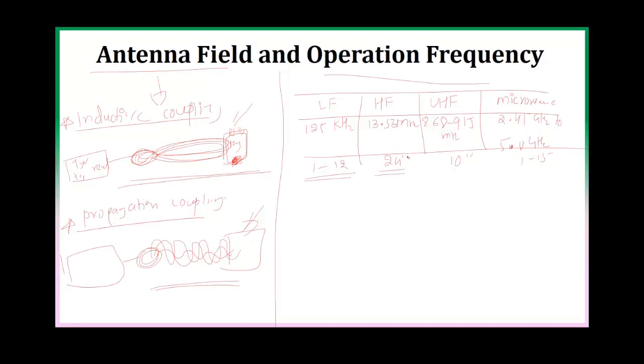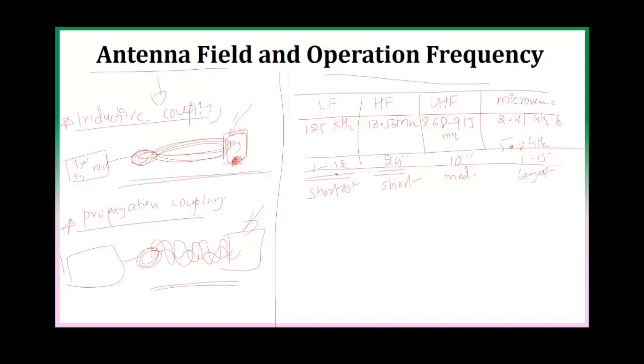In general, I don't remember the exact values of this, but this is considered as short. This is actually the shortest. This is short, this we could say medium, and this is actually the longest. Depending upon your wavelength, your range is actually increasing.